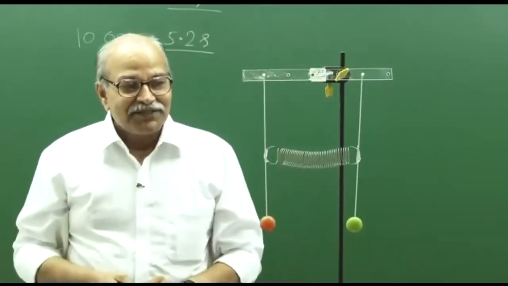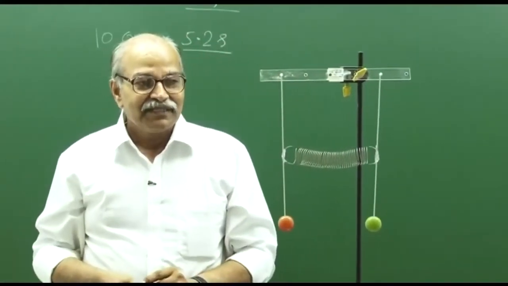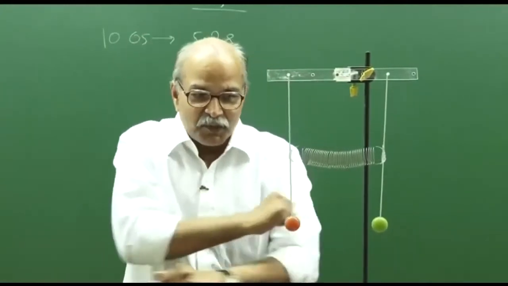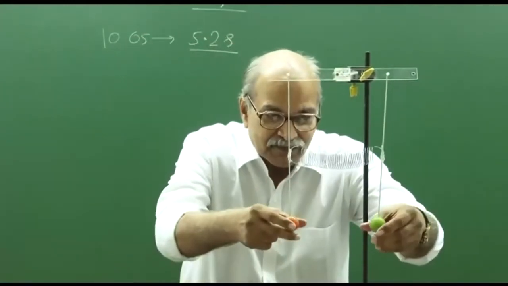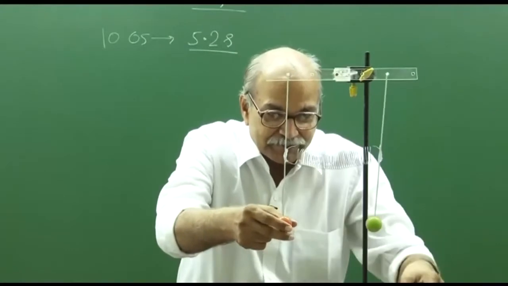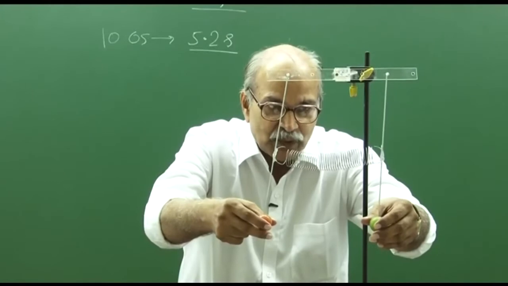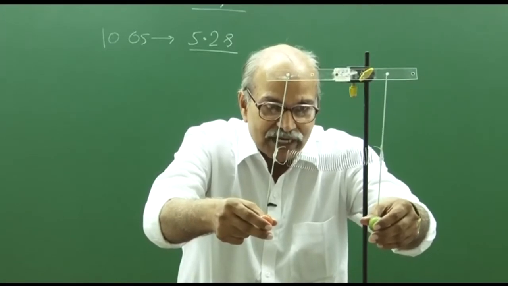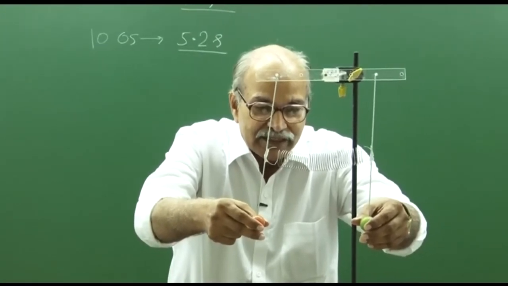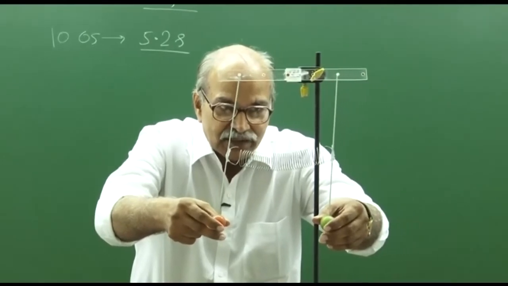So, these are some things on oscillations, and there is one more mode which I will be showing, and it is very interesting. I just stretch one. I have pulled only one ball, the other is almost at its equilibrium position, and then just watch and enjoy the oscillations.